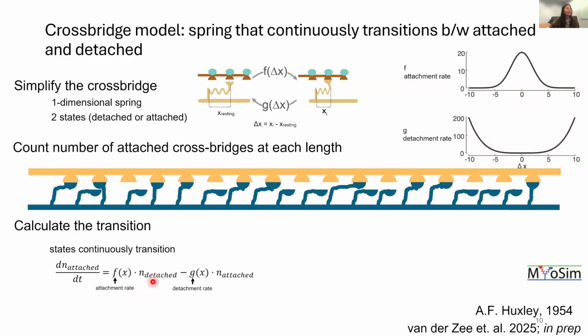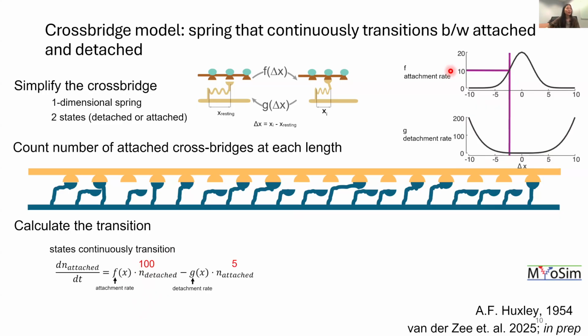For example, let's say at certain cross-bridge lengths, there were 10 detached cross-bridges, and we can come here and read the number for the attachment rate, and then multiply them to get how many cross-bridges will get attached next step.